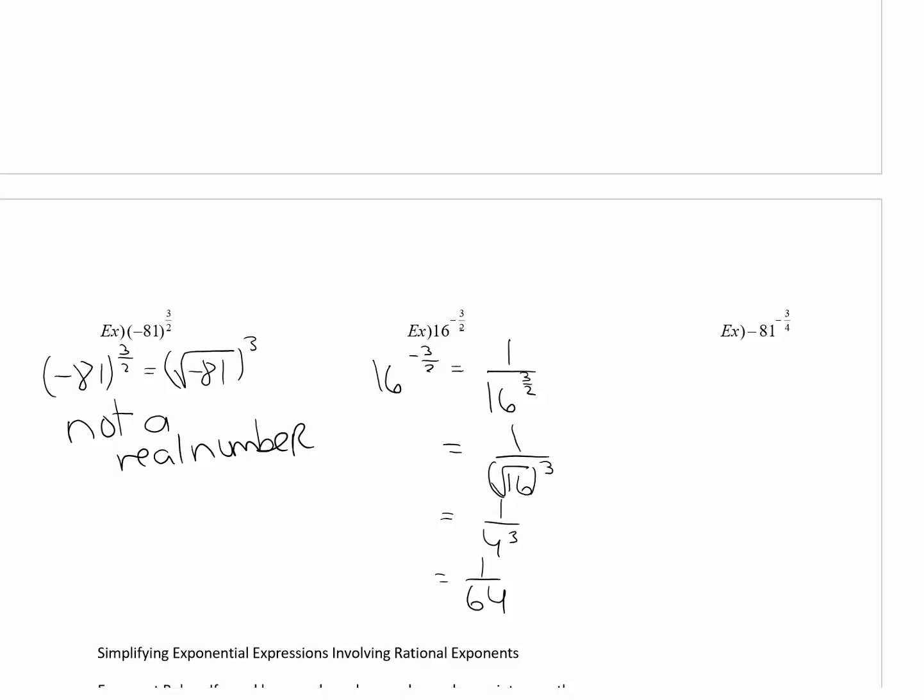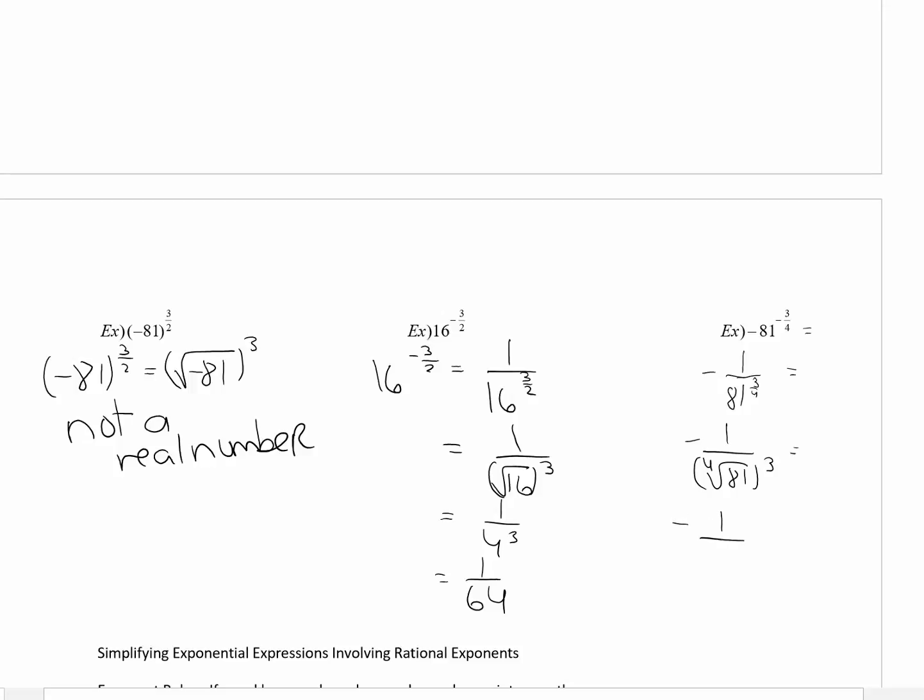Okay, one other example. Okay, I have a negative exponent power, so I'm going to rewrite. Now, I will leave the negative out in front. Okay, so I can rewrite this as the 4th root of 81 cubed.